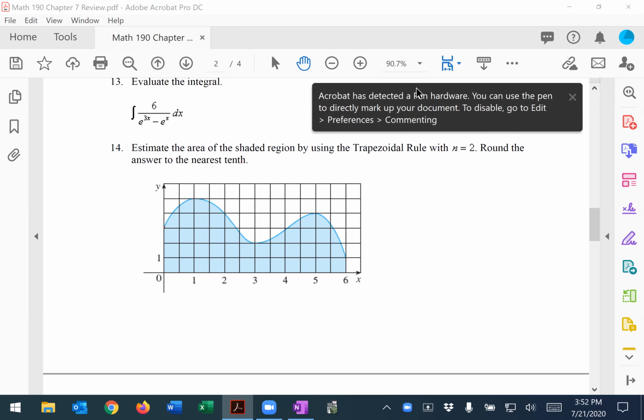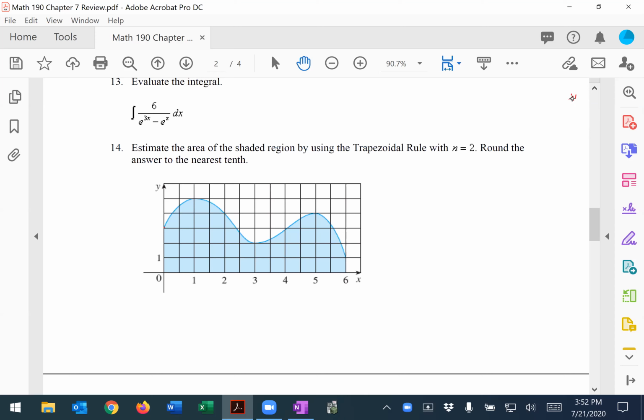Let's get rid of this. I only want 2 divisions here, and it goes to 6, right? So I'm going to do my trapezoidal rule, and try to draw a straight line, and then create another trapezoid.